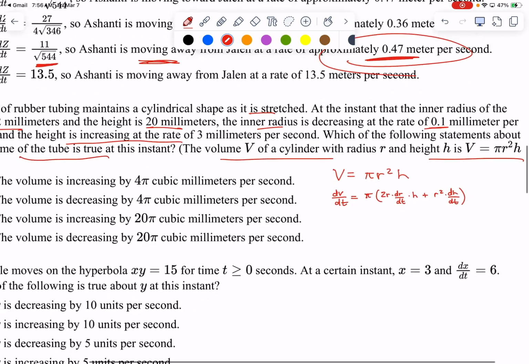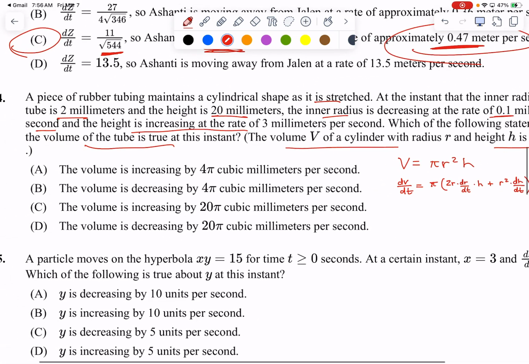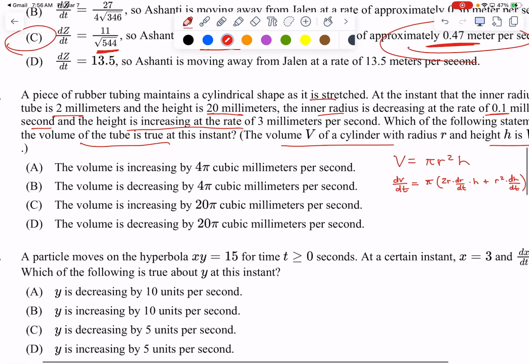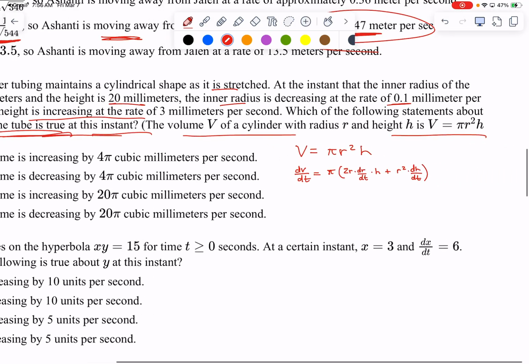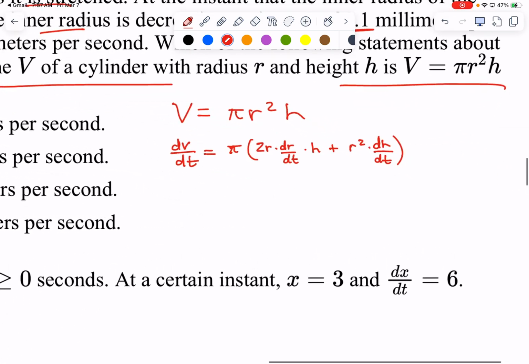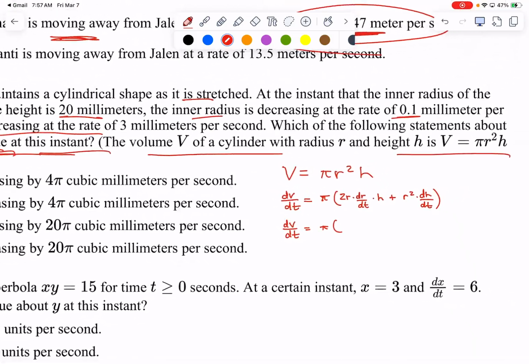They want you to find the rate of the volume. It says which of the following statements is true about the volume of the tube at that instant. So we're obviously finding the rate of change for the volume, dV/dt. We've got pi. What's the radius of the tube?